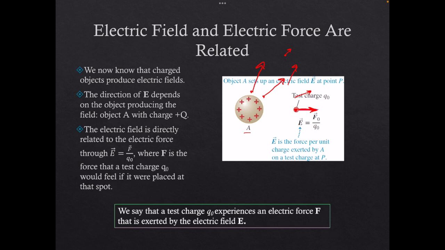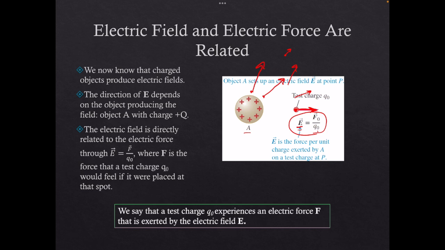And the relationship between the value of the electric field at that location and the force that Q naught feels at that location is basically this relationship right here. The electric field is the force scaled by the value of the test charge. So that's kind of a weird way to express it.